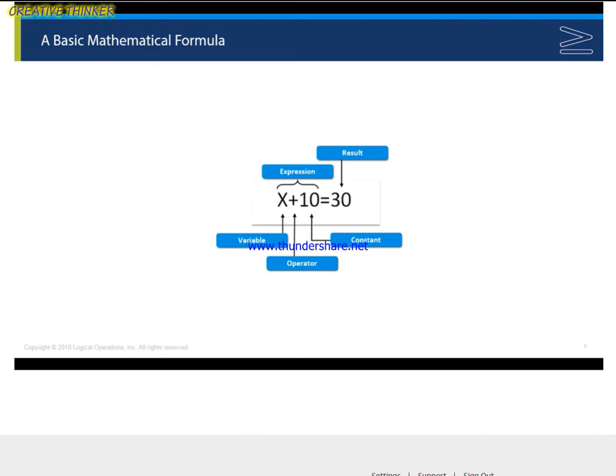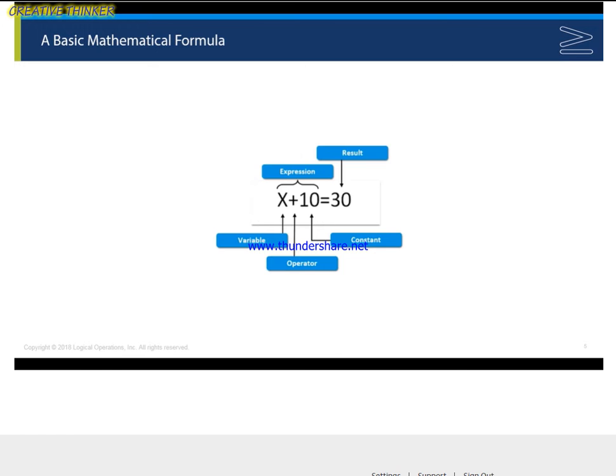That could also be a reference to another cell that would be considered variable data because we don't know whether or not the data in the other cell is going to change. And then we have mathematical operators: plus, minus, multiplication, and division. Division would be a forward slash, multiplication would be the asterisk. You can put items in parentheses, and that does change the order of operation, right? So we could see that happen. So that's a basic mathematical formula where you have that expression.